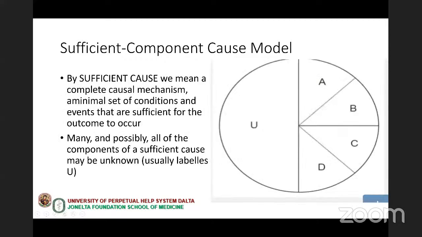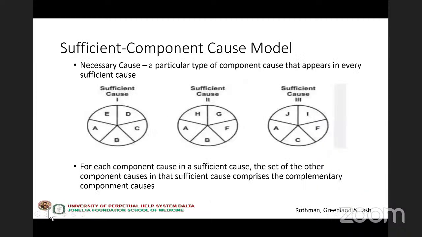So what do we mean by sufficient cause? Sufficient cause simply means a complete causal mechanism, or a set of conditions and events that are sufficient for the outcome to occur. It's the minimal requirement for the outcome to occur. Many and possibly all of the components of a sufficient cause may be unknown, and this is usually labeled as U. What then is a necessary cause?